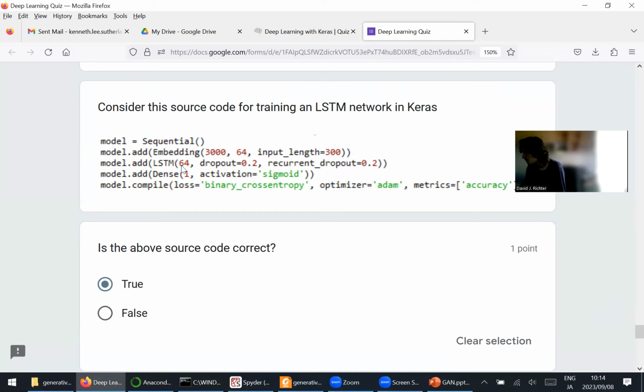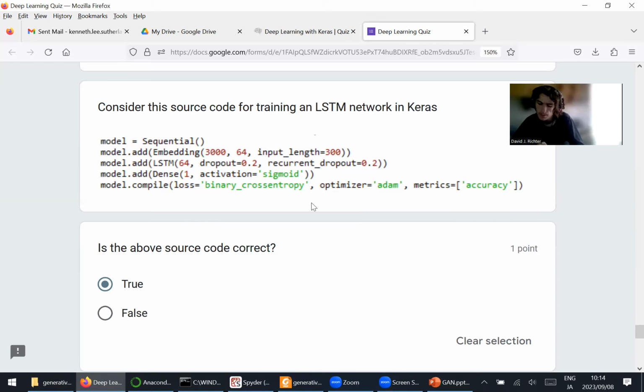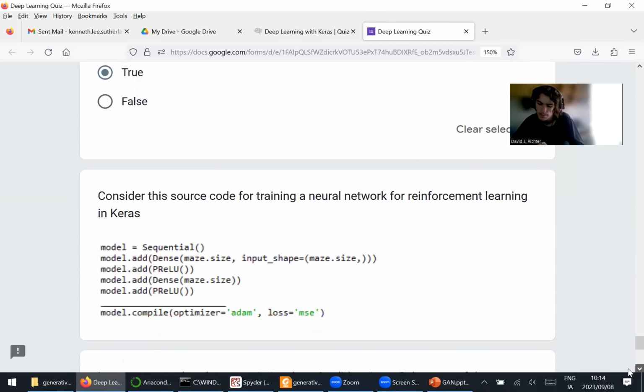If you use the embedding, embedding means that each word is assigned a vector. And if this is a classification, then I don't know, it looks pretty good to me. Probably something wrong with it.